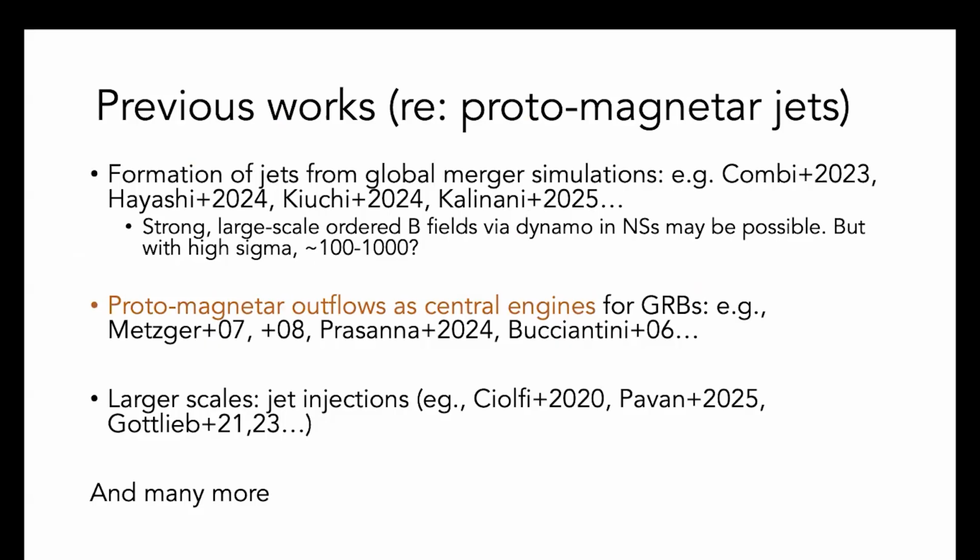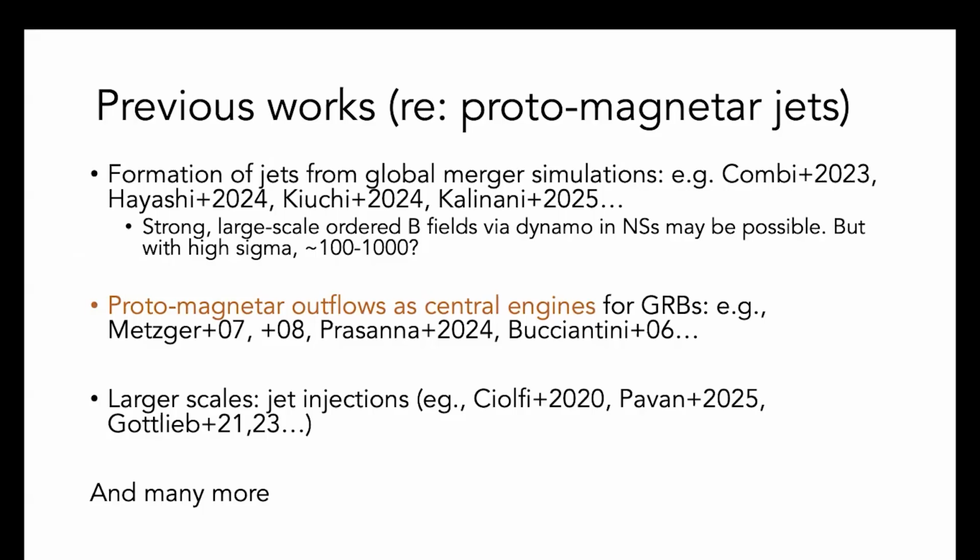They look at global, self-consistent global simulations of mergers, for example, or even core collapse, or even accretion-induced white dwarf collapse simulations, which I didn't write here, where they find that large-scale magnetic fields can in fact be generated and reach magnetizations of around 1 to 10 in the short time scale that they're able to simulate, which is maybe tens to hundreds max milliseconds. So maybe we can produce such large-scale magnetic fields required.